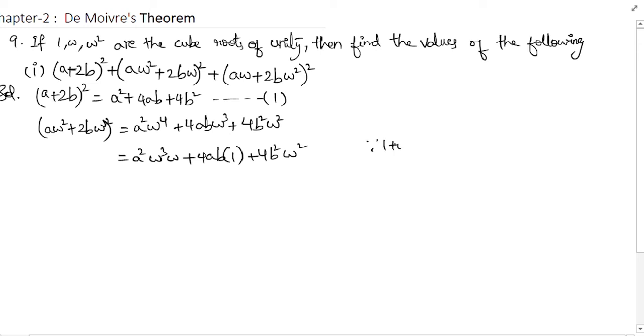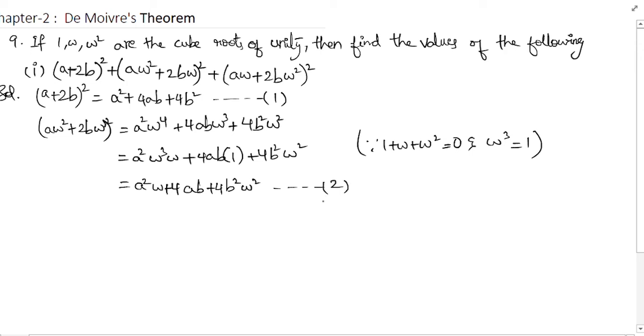Here since 1 plus omega plus omega square is equal to 0 and omega cube is equal to 1. Okay, you have to remember this formula here, and then this will be equal to a square omega plus 4ab plus 4b square omega square, which is the second one.